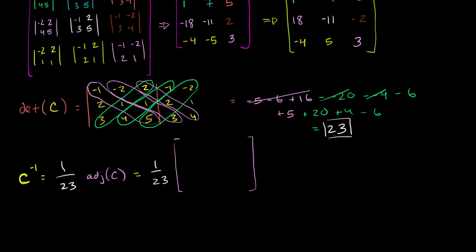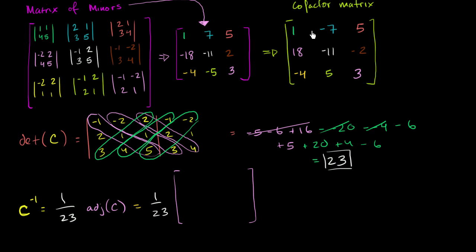So we have our cofactor matrix right over here. So each row now becomes a column. So this row now becomes a column. So it becomes 1, -7, 5 becomes the first column. The second row becomes the second column: 18, -11, -2.